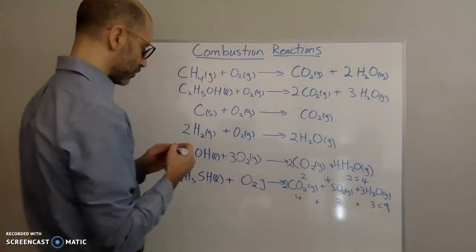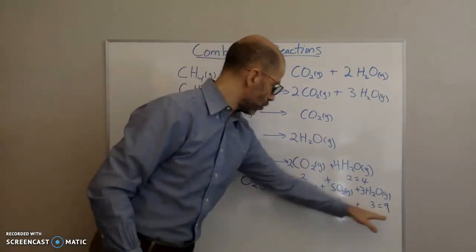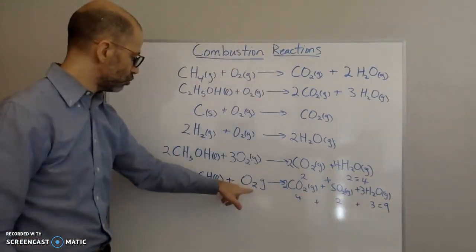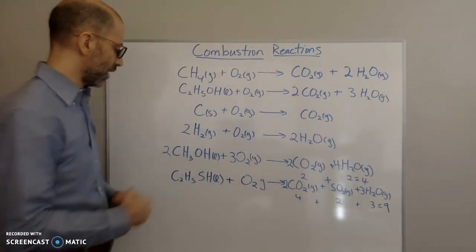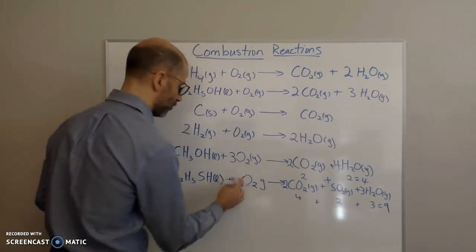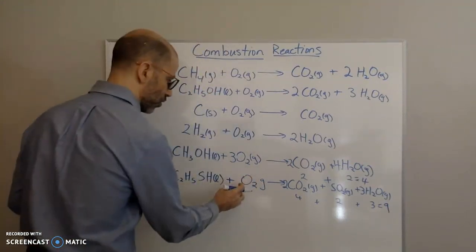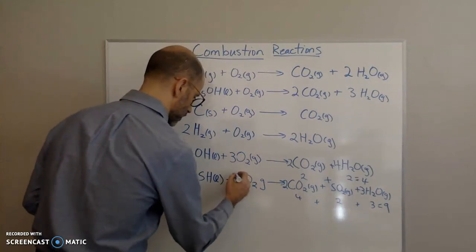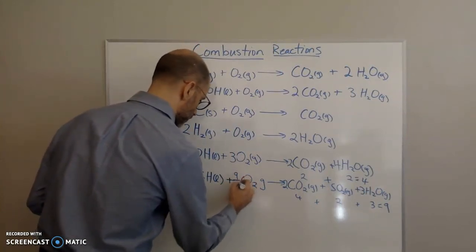So I have 9 oxygens. So I need 9 oxygens here. So 2 times what gives me 9? And that's going to be 4.5, or otherwise known as 9 halves.